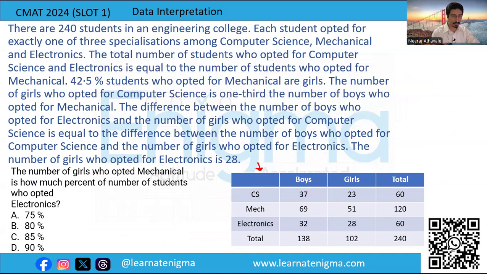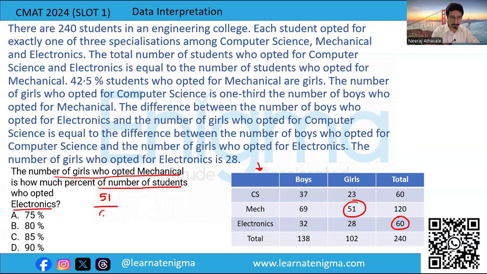Now, let's see this one. The number of girls who opted mechanical is how much percentage of the number of students who opted electronics? Mechanical girls are 51. The total electronics students are 60.